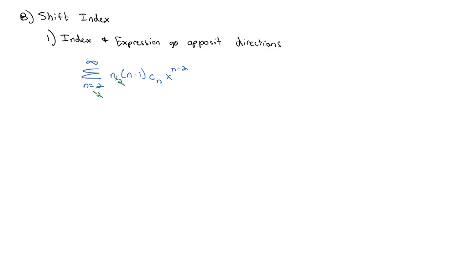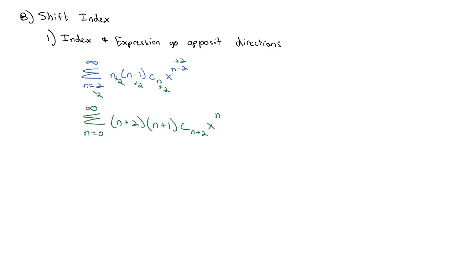Every time we see an n, we're going to add 2 to all of these n's. And when we do, we'll get the sum as n goes from 0 to infinity of n plus 2 times n plus 1 times c sub n plus 2 times x to the n plus 0.